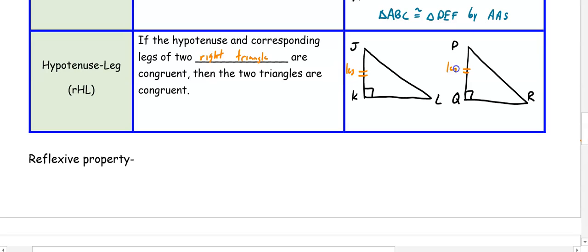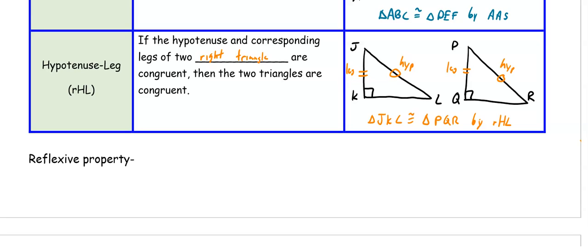So here's a leg and a leg. And then the hypotenuse is the side that's across from the right angle. If you have those three things, then we can say triangle JKL is congruent to triangle PQR by RHL. If you call it HL, that's fine too.